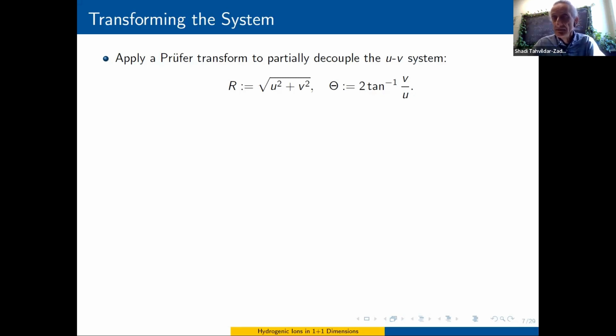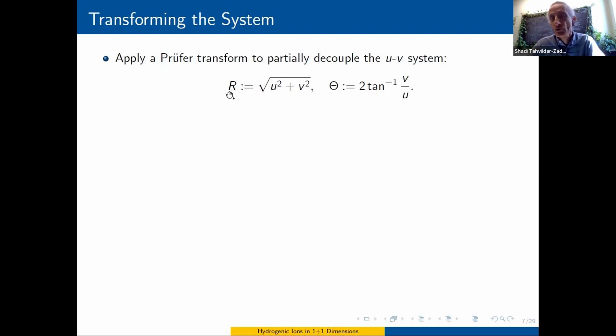So one way to get around that is to apply something called the Prüfer transform, which is sort of the analog of polar coordinates, but on the other side, in the target side, right? So you define these 2 new unknowns, capital R and capital theta, in terms of the old unknowns u and v.